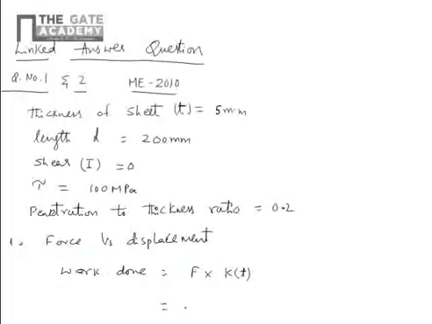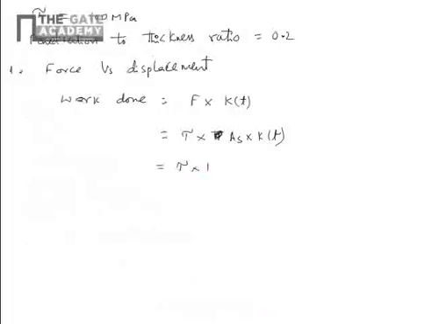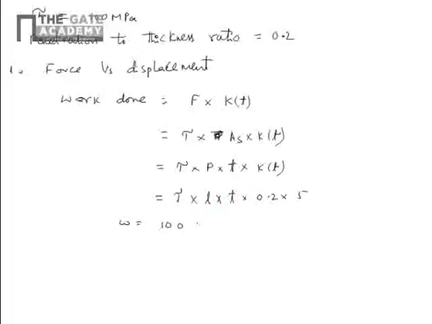Force is nothing but stress into area, that is tau into surface area, which is perimeter into thickness, into K into T. Perimeter is length, 200, into K is 0.2 into thickness is 5. Substitute all values here, you will get work done equal to 100 joules. Simple.